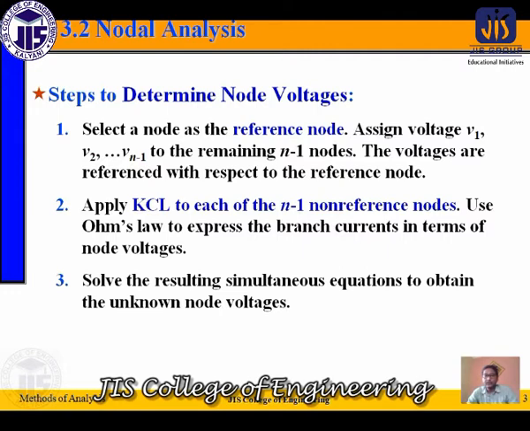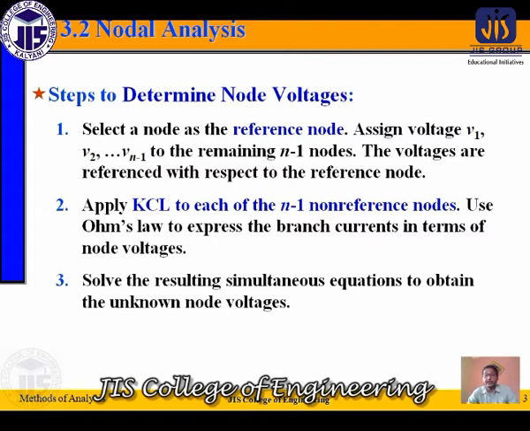So what is the purpose of these non-reference nodes? For these non-reference nodes, we have to assume some voltages, like the first non-reference node having a voltage of V1, the second V2, similarly V3, V4, V5, and for the remaining nodes we put the voltage as per our choice.